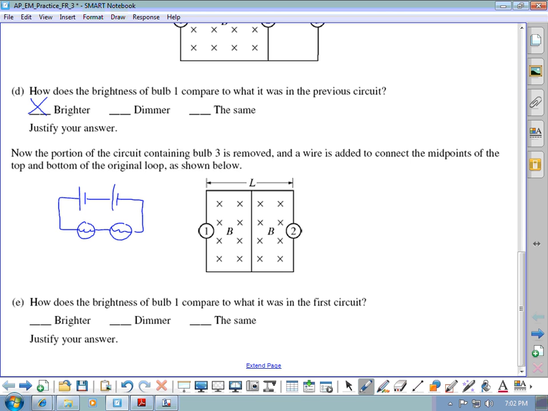We looked at this in the lab. And then we looked at what happened when we connected a wire between those two spots. And we saw that no current flowed through that wire, and it didn't change the brightness of the bulbs.